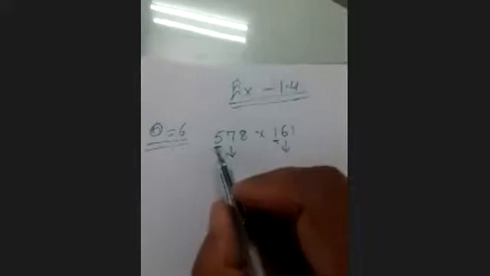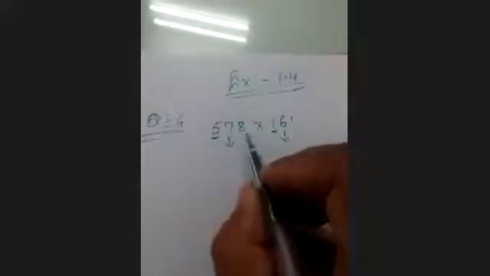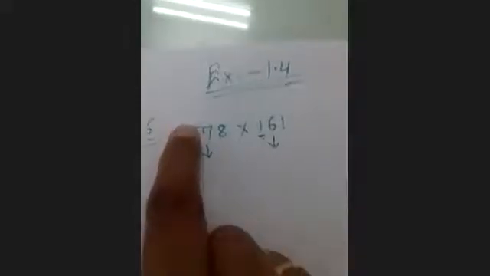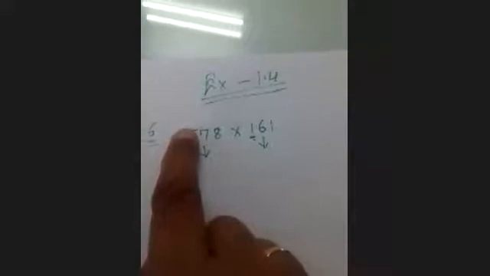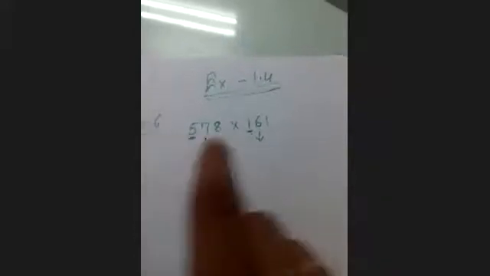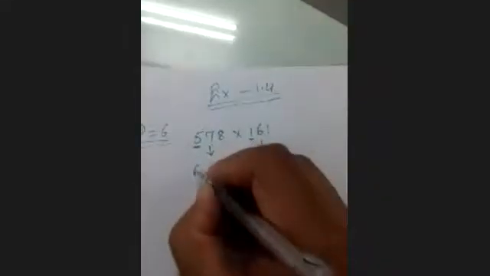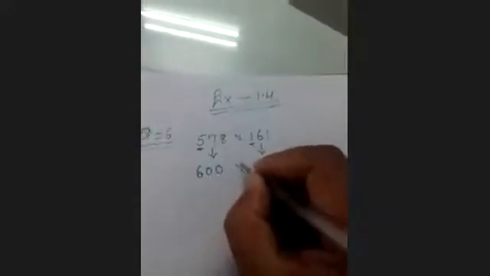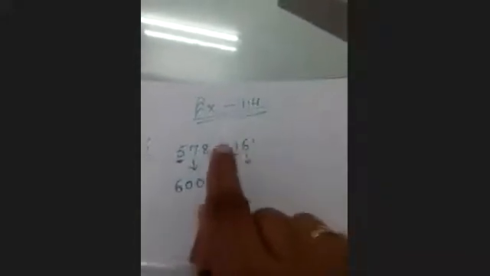Now find the nearest value of 578. Put your finger on 5 and observe the next number. The next number is 7, so the nearest value will be 600. Now the second number, 161, the greatest place is 1.